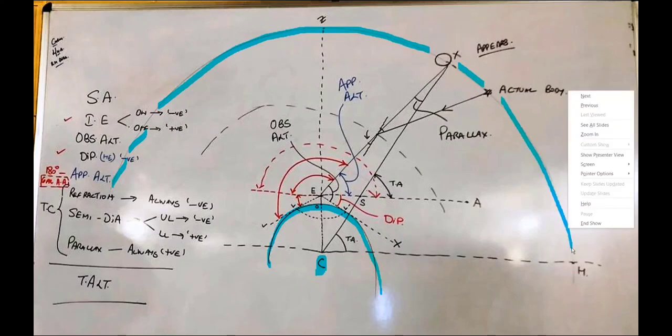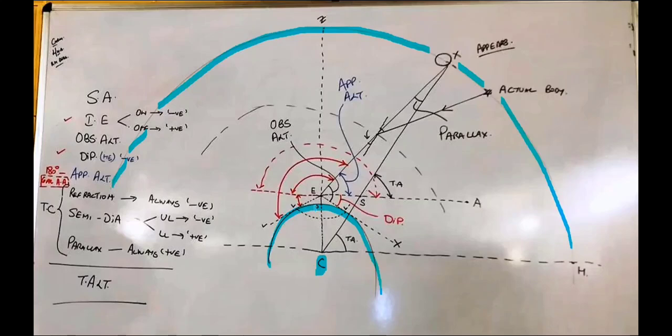Now, if you join a line from the center of the earth passing through the observer's position, the observer's position is indicated by O here. If you extend it upwards, you reach up to the zenith. So this Z point here is the zenith of the observer. Now this dotted line which you are seeing passing from the center of the earth is the rational horizon.